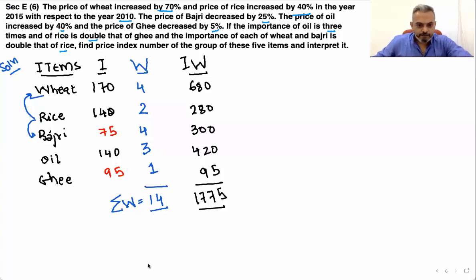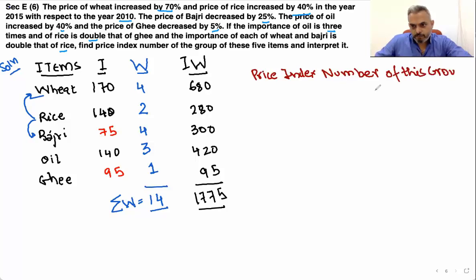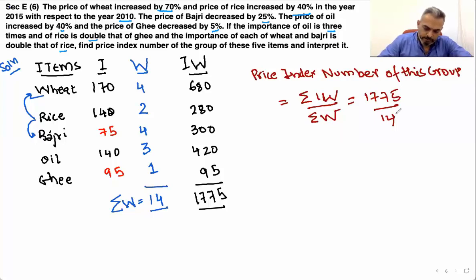So let's write the answer. The price index number of this group is equal to sigma IW upon sigma W, which is 1775 upon 14, which is equal to 126.7857.